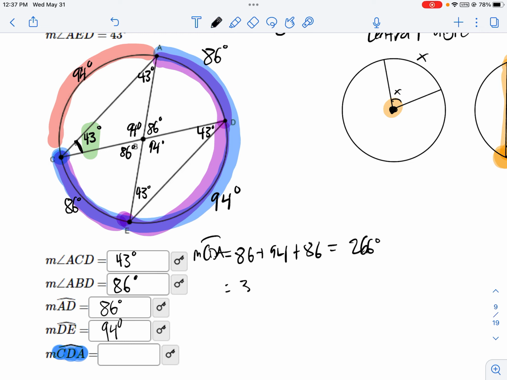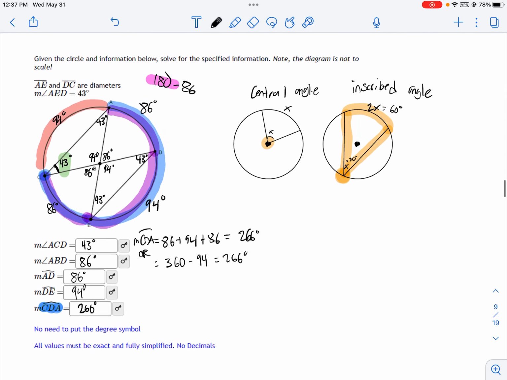You could also find it by doing 360, the whole circle, minus just that last part, the 94. And then you end up also with 266. Whatever way is easiest for you to find that, you could do either way on that one. But that's it. That is your final answer and you're done.